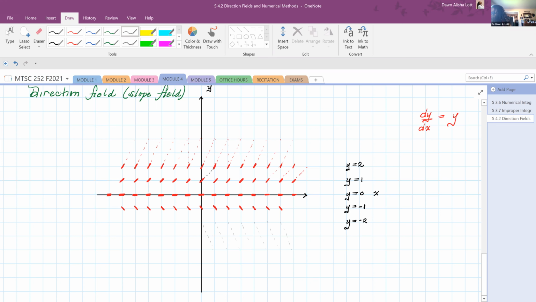Okay. So all of those have slope -2. So now let me go back and make them slope -2, in the same direction as that line.